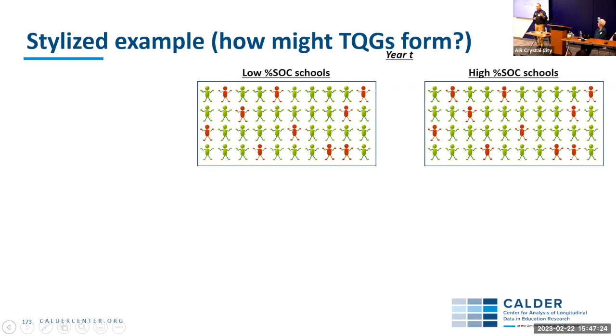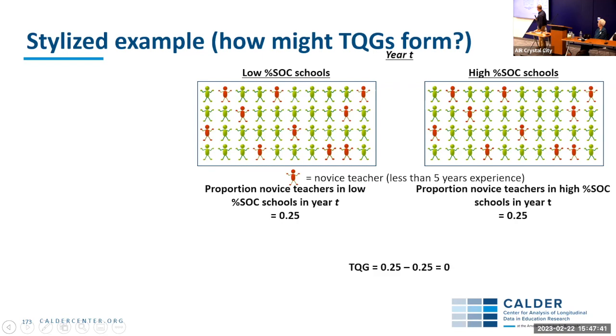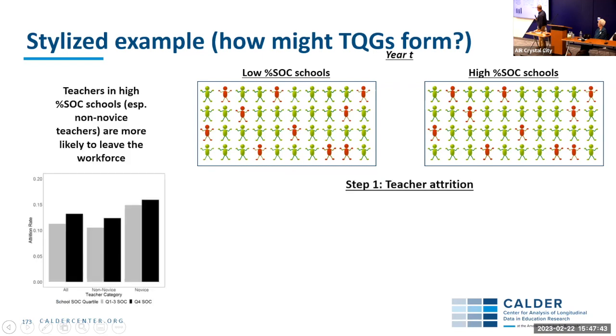We can also simulate what would happen if there was equality in one or more of these processes, so that it looks like there wasn't differential attrition of experienced teachers across different kinds of schools.